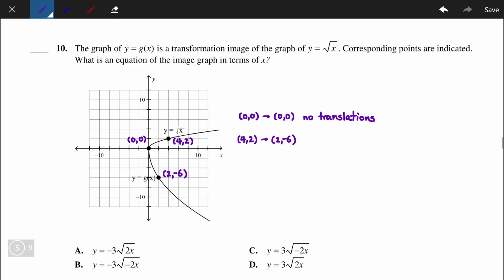First, the 4 becomes a 2, so we had a horizontal stretch by a half. The graph was also reflected over the x-axis as the positive y value becomes negative.